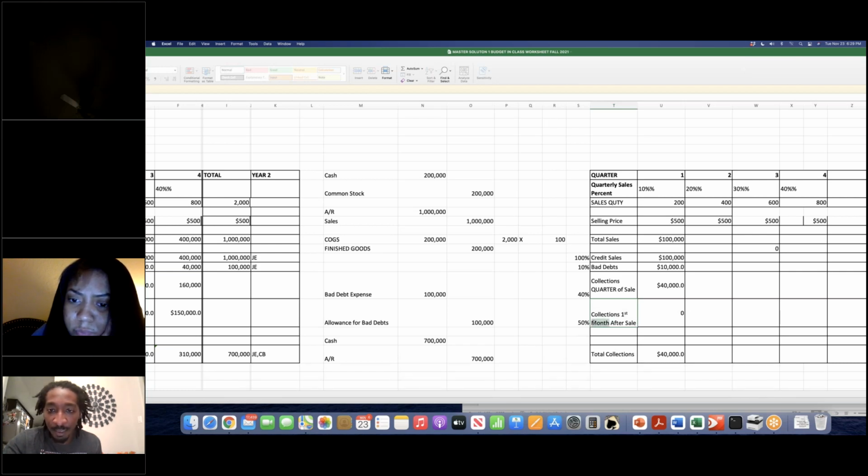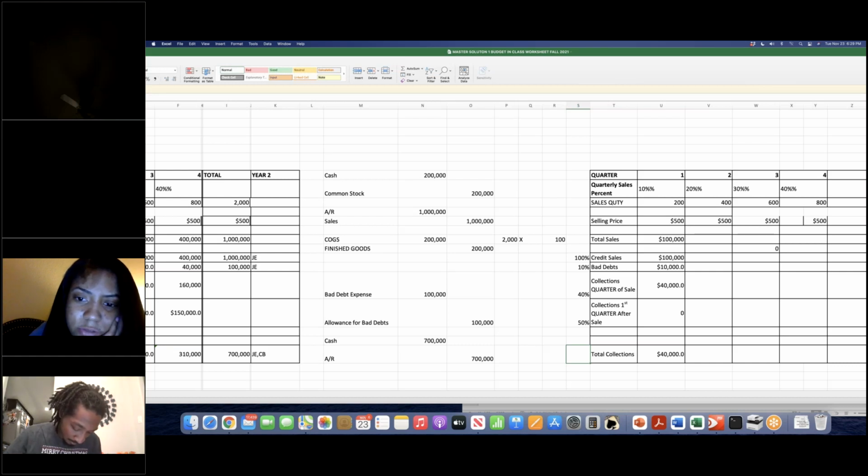And the 50% of quarter one should go into the second spot in quarter two. So 50% of that 100, the 50,000. Exactly, because it's going off the previous one.